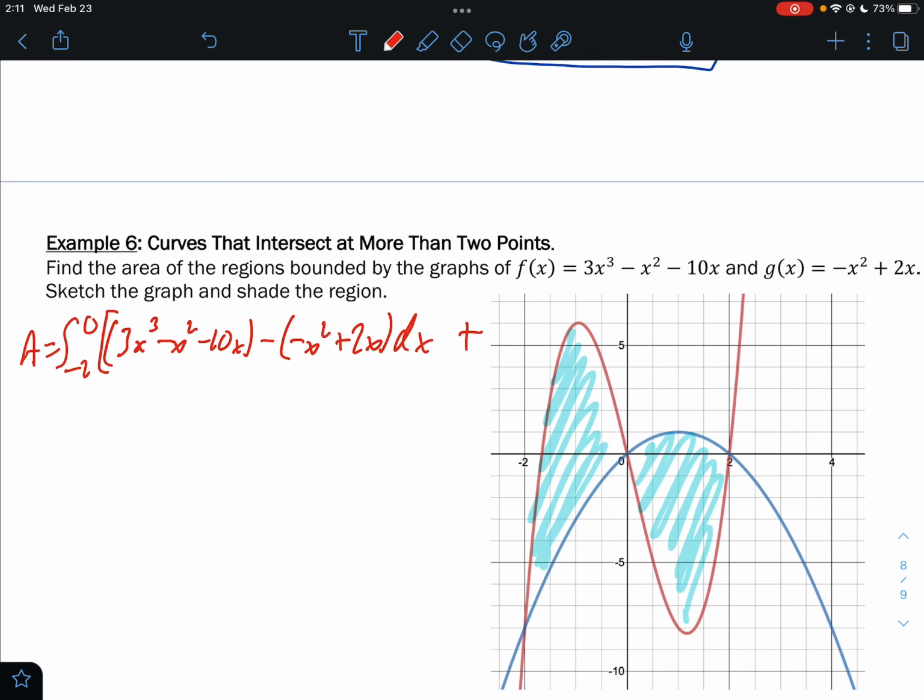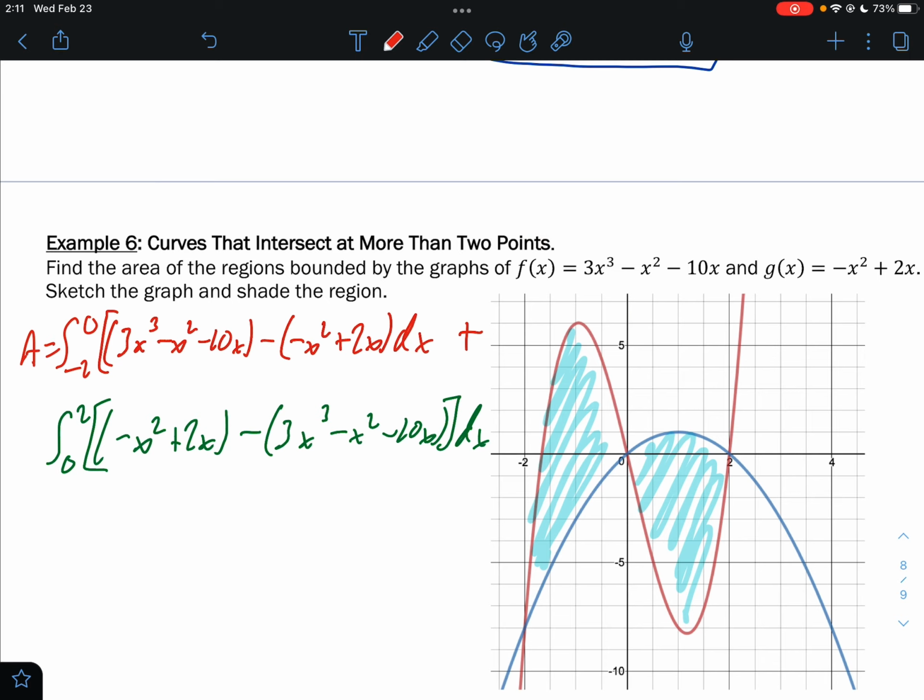And then we're going to add the second region, which is going to be from 0 to 2. And in that region, the quadratic is on top. So negative x squared plus 2x minus 3x cubed minus x squared minus 10x dx. I don't want this equal sign here. Just adding that.